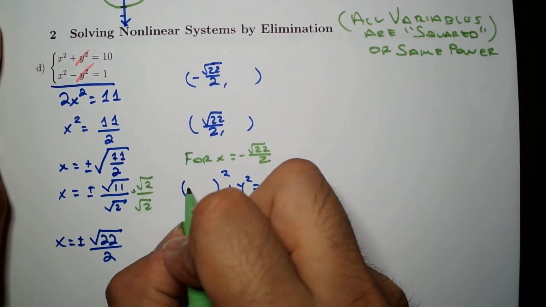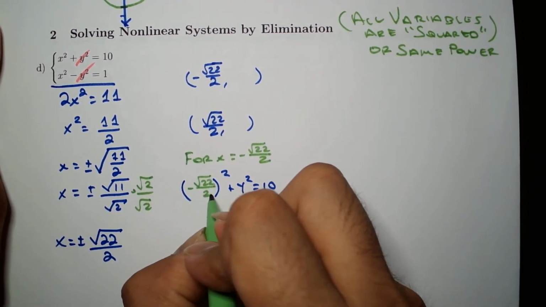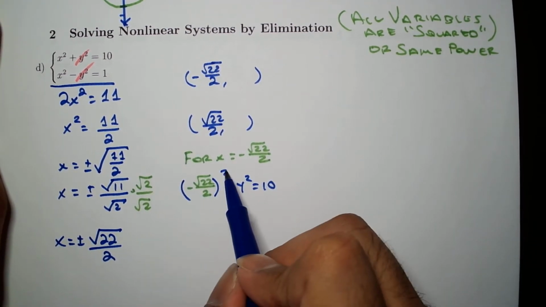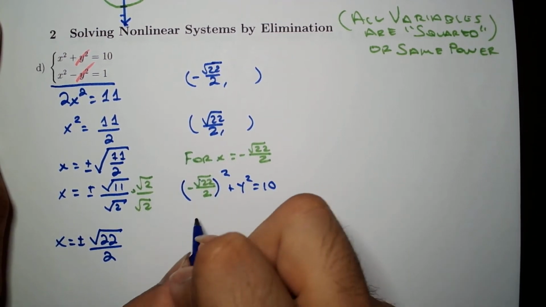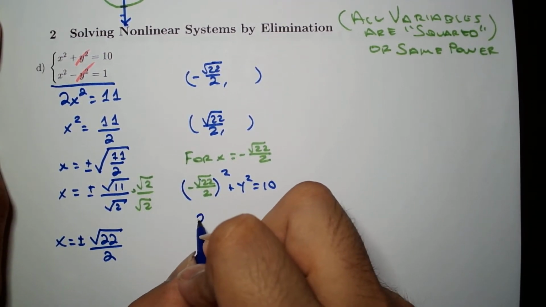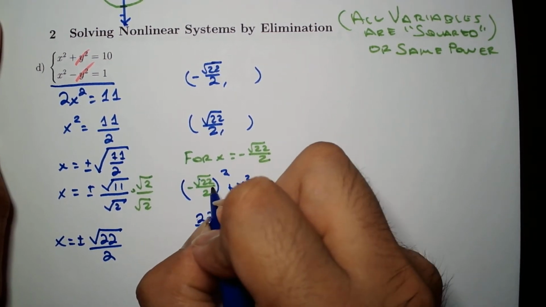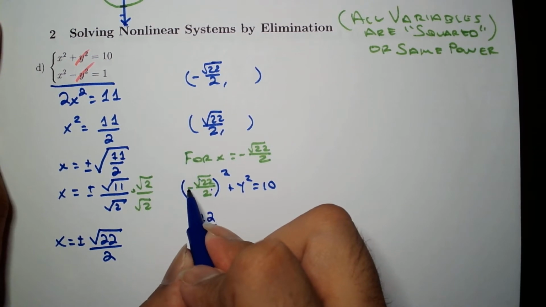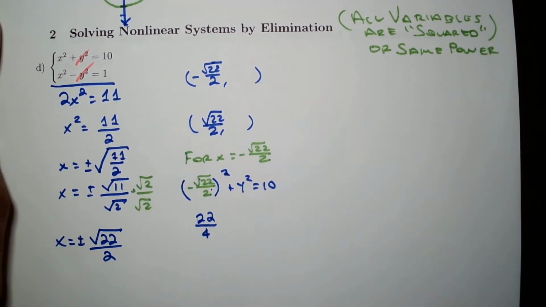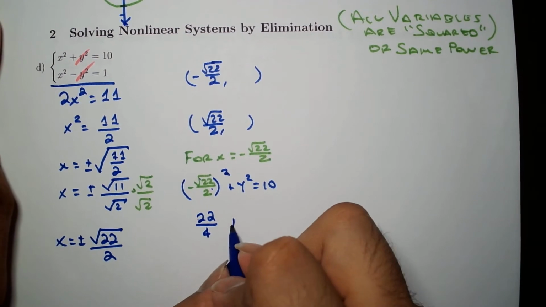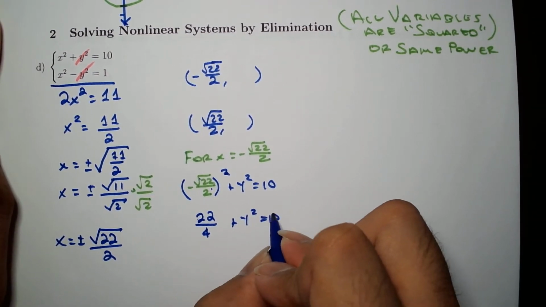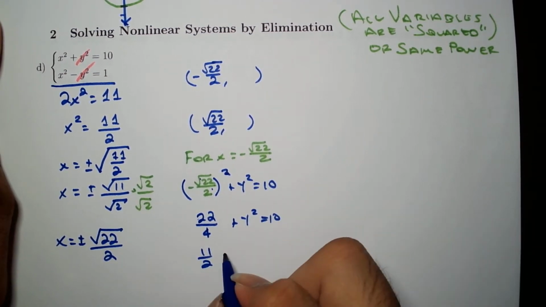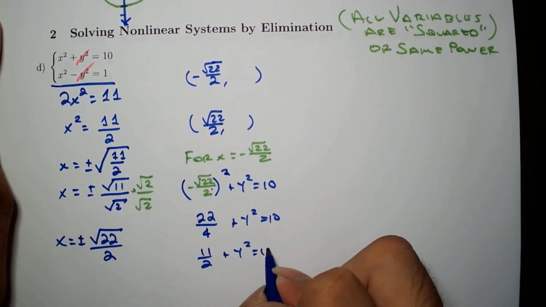And then substitute negative root of 22 over 2. But be careful when simplifying this. In this case, the square root of 22 squared cancels the radical, leaving us with the 22. And then the 2 squared becomes a 4. And notice that the negative sign squared gets canceled. So 22 over 4 plus y squared equals 10, or 11 over 2 plus y squared equals 10.